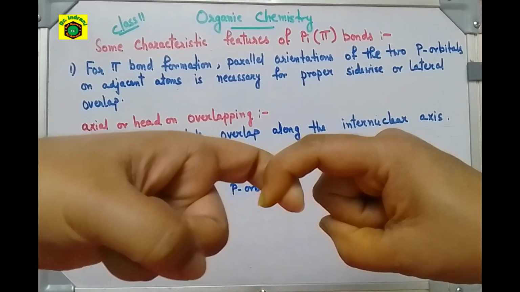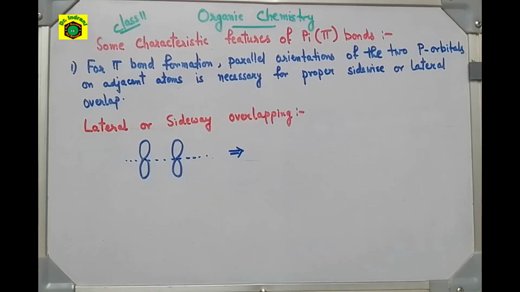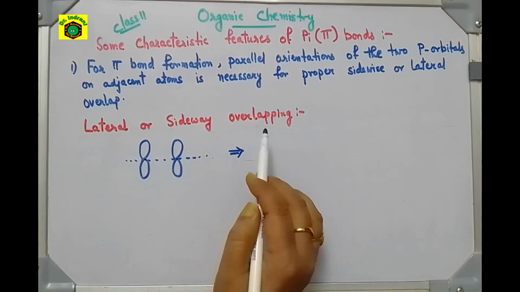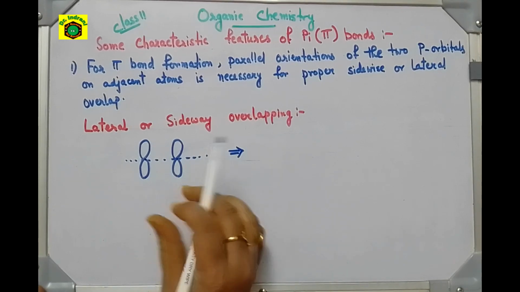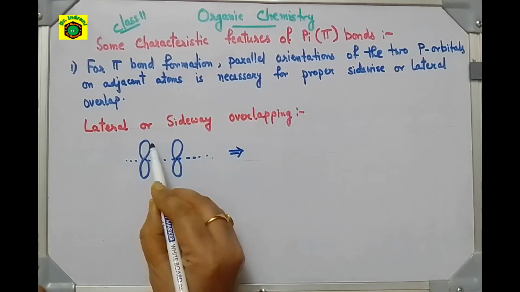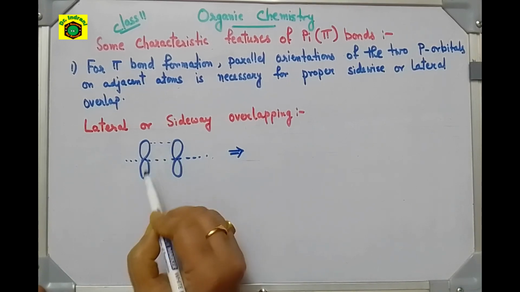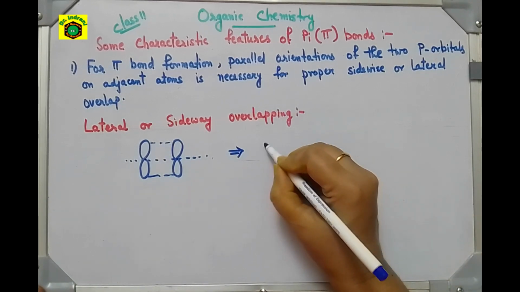Due to such type of overlapping, sigma bond is forming. For lateral or sideway overlapping, orientations of the two p orbitals will be like that, and overlapping will take place here and here, and we will get pi bond.